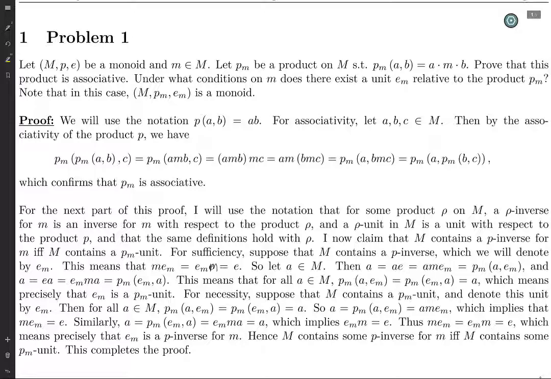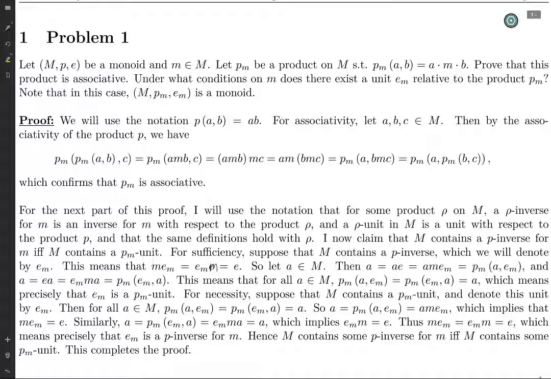Well, wait a minute. I guess what you could do is, here's how I think this should go.